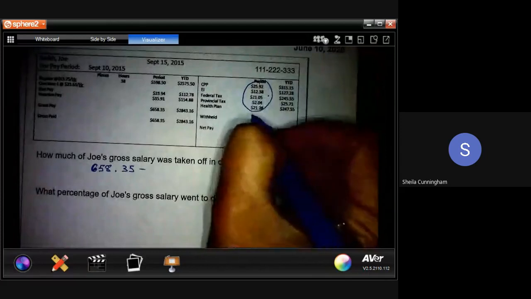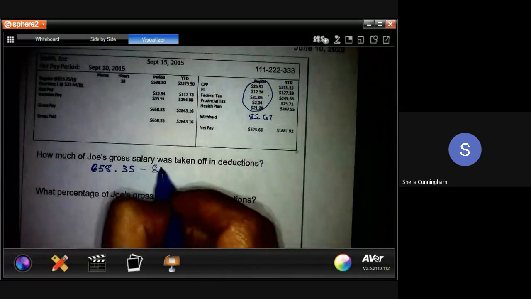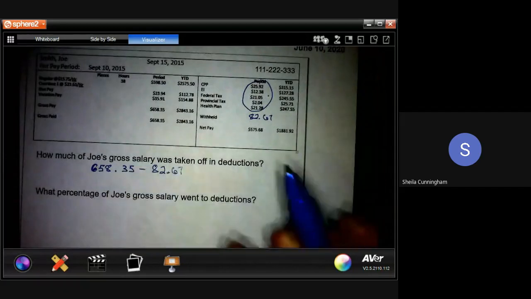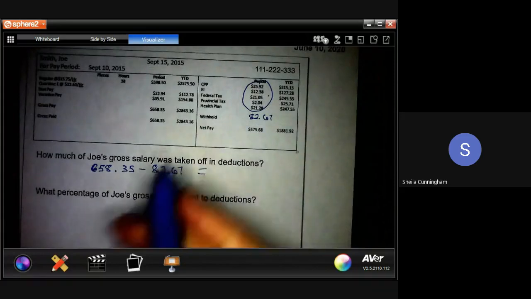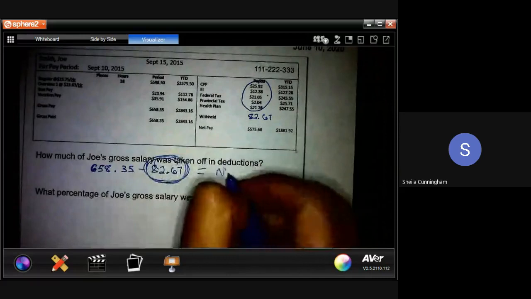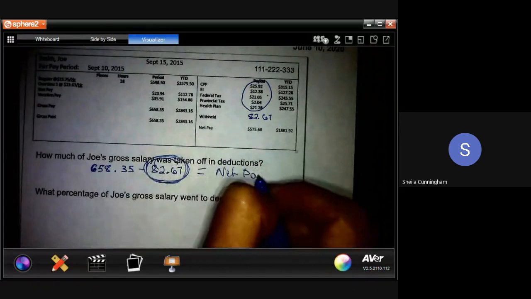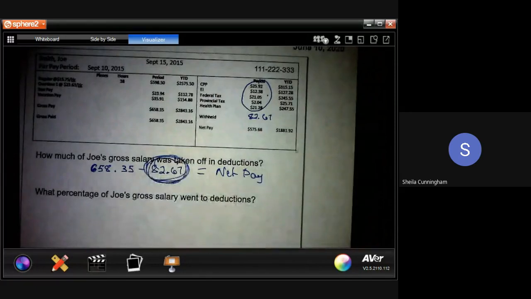When you add all of those up, we got 82.67. We're going to take that away from his gross pay, and that's what we're left with. So this would equal his net pay. But when we're asked to find all of his deductions, this is all of his deductions.